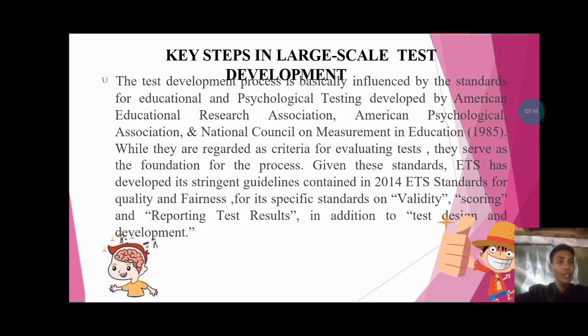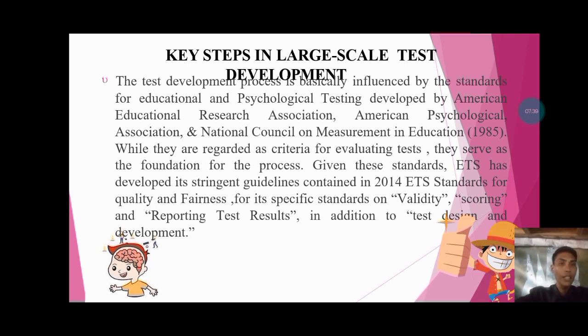Key steps in large-scale test development. The test development process is basically influenced by the Standards for Educational and Psychological Testing, developed by the American Educational Research Association, American Psychological Association, and National Council on Measurement in Education, 1985.